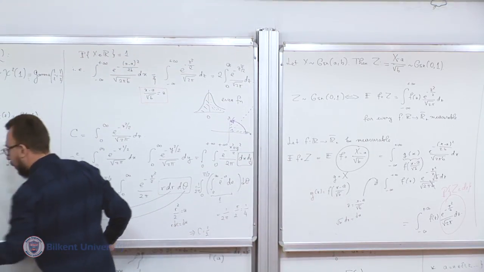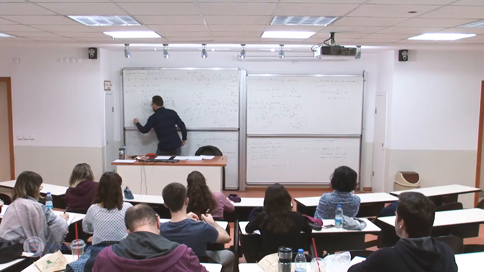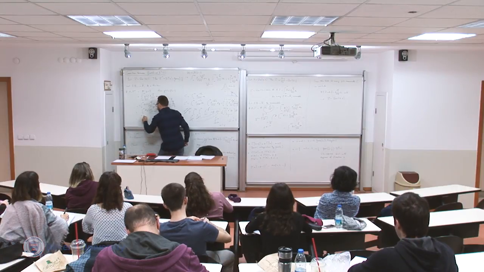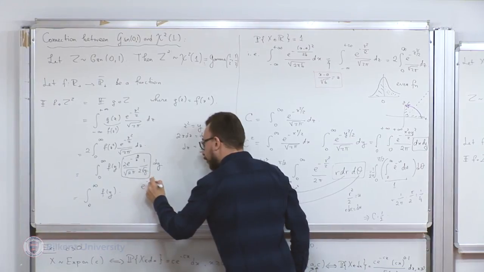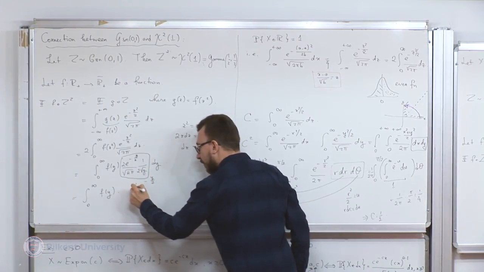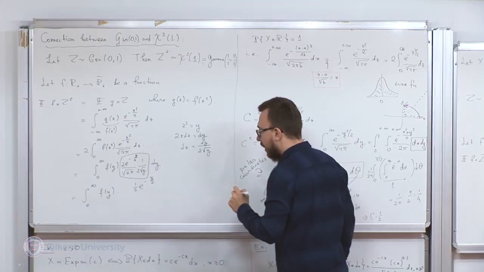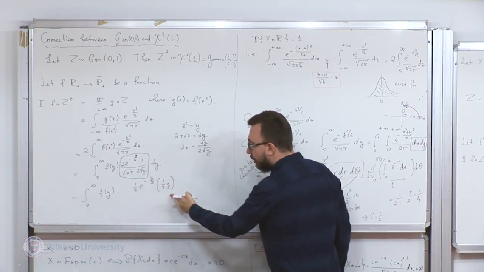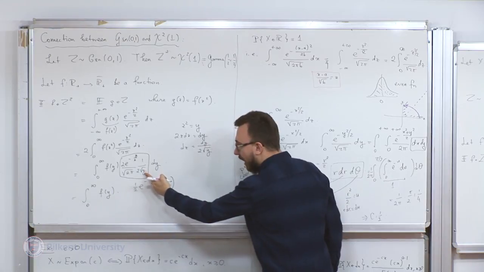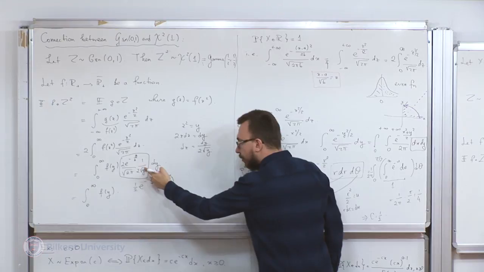0 to infinity f of y, now what? e to negative y over 2, right? So I need to multiply it by 1 over 2. And then I should have 1 over 2 raised to some power. Which power? Let's look at the power of y here. It is minus 1 over 2, right? The power of y here is minus 1 over 2.